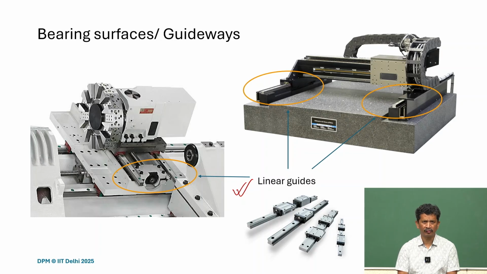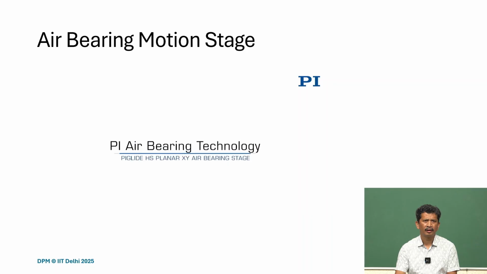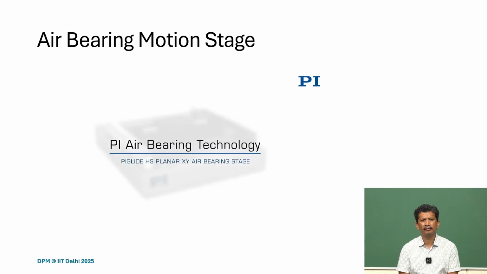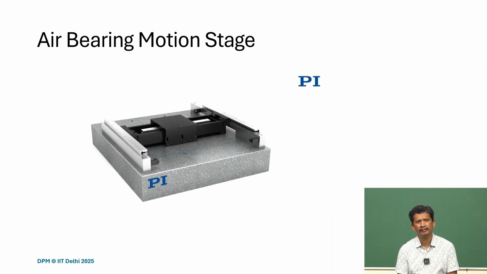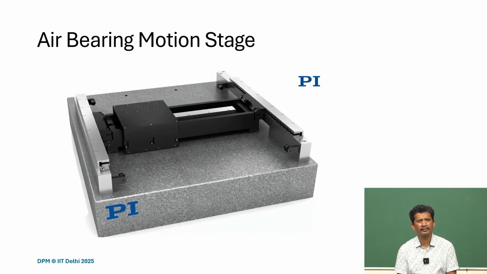If we want to get rid of those errors, we have to find ways to eliminate this kind of contact altogether. So we look at some designs, and that's why we are talking about air bearings these days. We'll cover air bearing linear stages or motion stages.